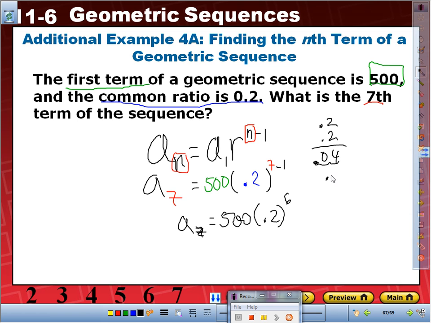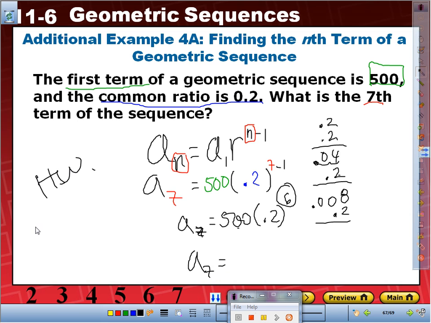We multiply again times 0.2. 2 times 4, that's 8. 2 times 0 is 0. How many decimal places? 1, 2, 3. So 0.008. And again, times 0.2. How many times are we going to do that? 6. And then at the end, you just multiply times 500. That's how you find your 7th term.